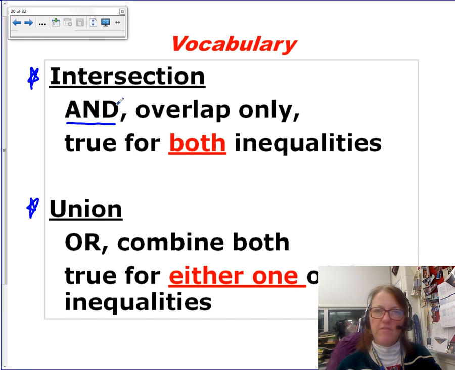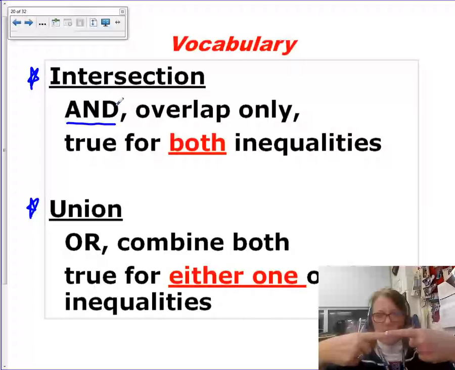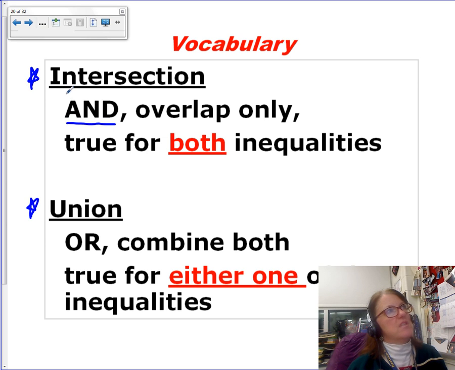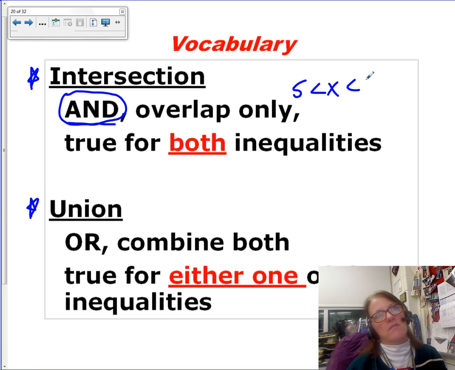That's why I like to use that visual of the Venn diagram so you see that. Or when you have a graph and they share some solutions, that is called the intersection. And that's when you'll see the word and joining the two together, or we'll write it with the variable in the middle, and you'll have your two symbols, and you'll have numbers down here like, say, 5 and 13 or something like that.